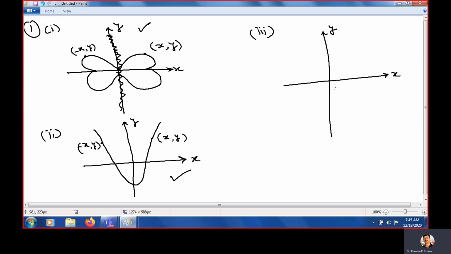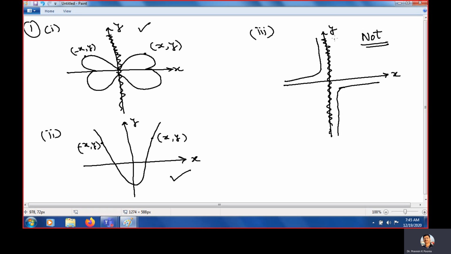Y means if we make a graph like this one, and if we make a graph like this one, is it symmetrical about the y-axis? No, it is not symmetrical about the y-axis. Why is it not symmetrical about the y-axis?